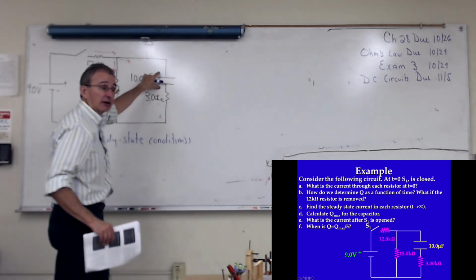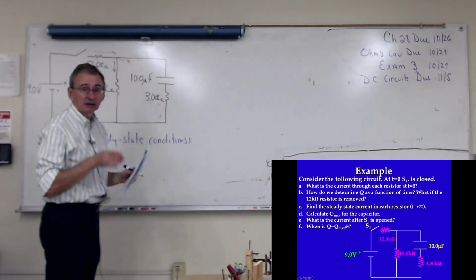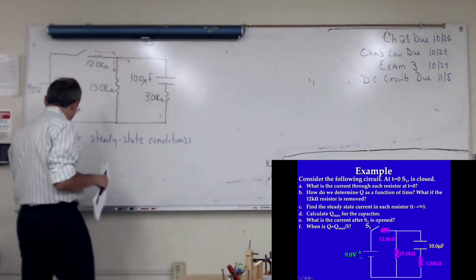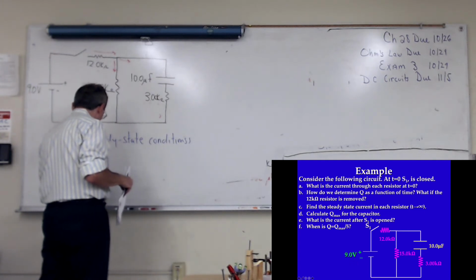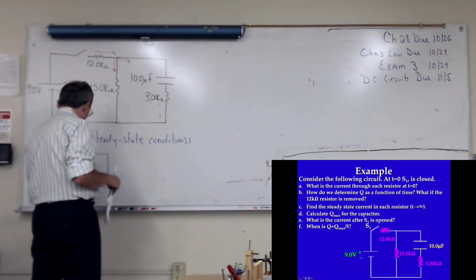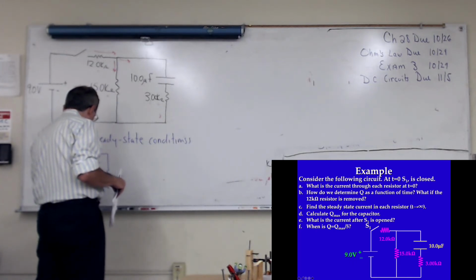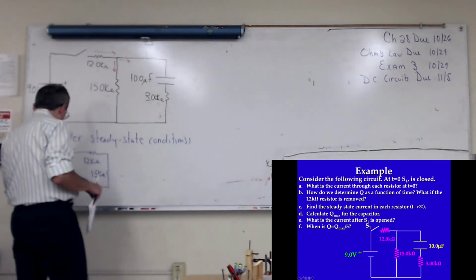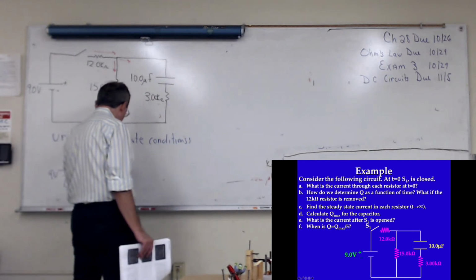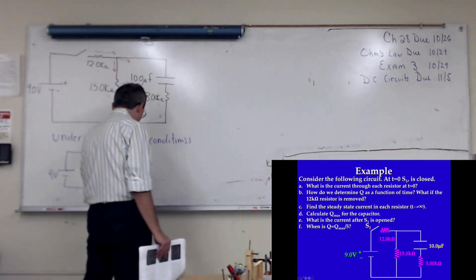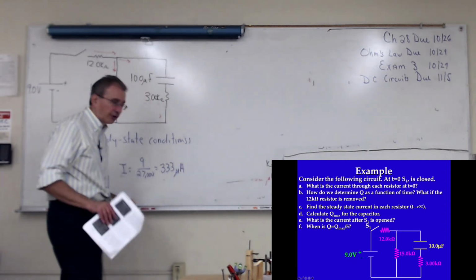So this behaves like an open circuit, right? It behaves like there's something missing here. So basically I have two resistors in series, 27 kilo ohms. And so I is going to be 9 divided by 27,000, which is 333 microamps.